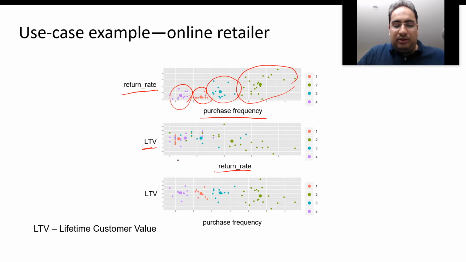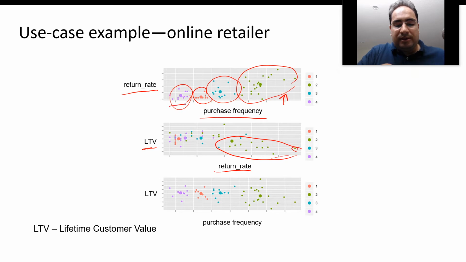When you look at these two plots, you will see that if the return rate is too high, the lifetime value is not quite high for that specific retailer. Another thing you can see is that the more a person purchases, the more they return.